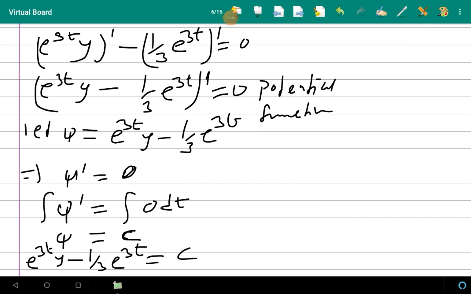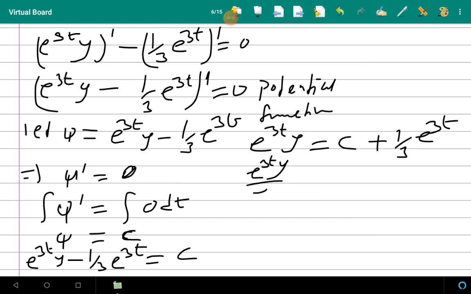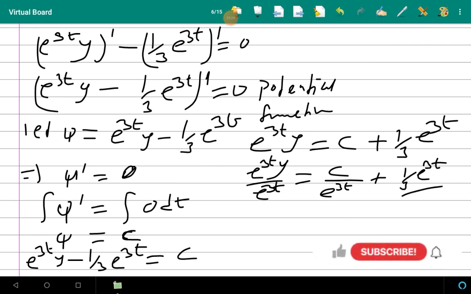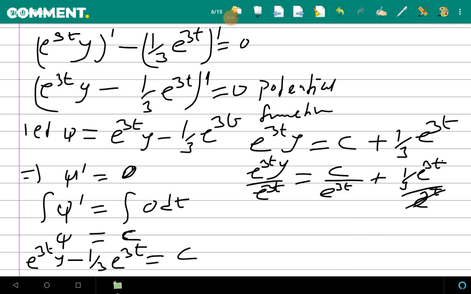Make y the subject, so we have this. We send the other to the right hand side, which was negative on this side, so coming here will be positive. Okay, divide through by e to the power 3t, so c over e to the power 3t plus 1 over 3 e to the power 3t, and this cancels that.